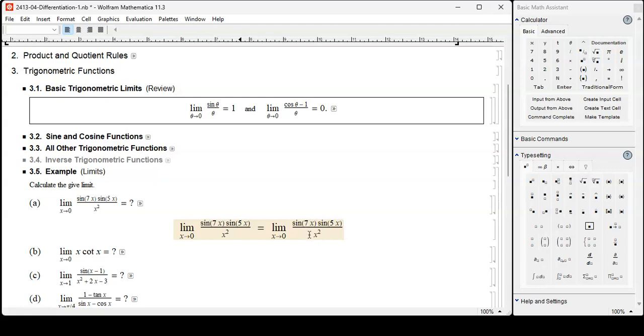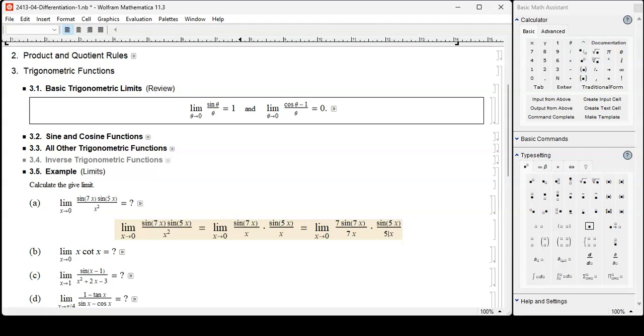7x over 7x, 5x over 5x would have been great. That's not what we have over here. So let me manipulate it a little bit. Put 7 here, and then multiply by 7.